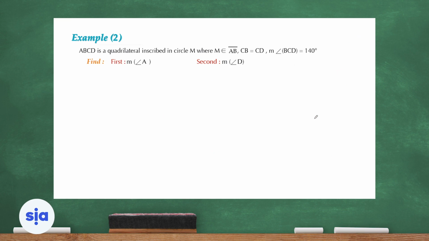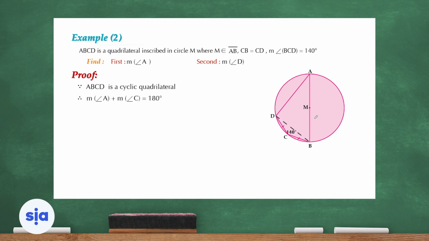ABCD is a quadrilateral inscribed in circle M, where M belongs to AB, where CB equals CD, and the measure of angle BCD equals 140 degrees. The first question asks you to find the measure of angle A. As you can see here, ABCD is a cyclic quadrilateral.